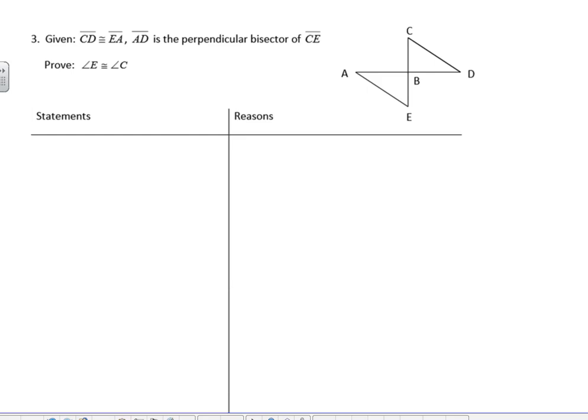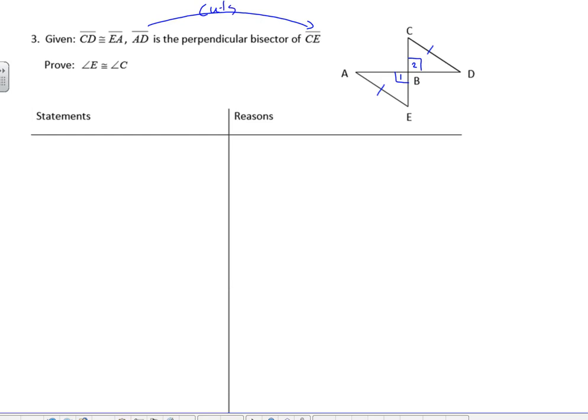Okay, so we've got CD is congruent to EA, and we've got that AD is the perpendicular bisector of CE. That means this angle and this angle, not only are they vertical angles, but they're also right angles.